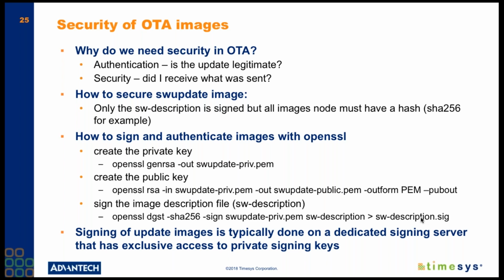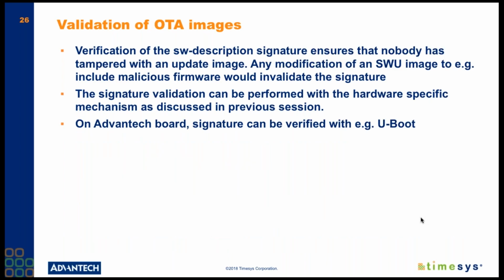On the target device, you can use the mechanisms that are provided by the hardware to verify the signature on the SW description. We've discussed those mechanisms before. You can use the U-boot, which can access the public key stored in one-time programmable fuses and verify the signature on anything, including the software update image.